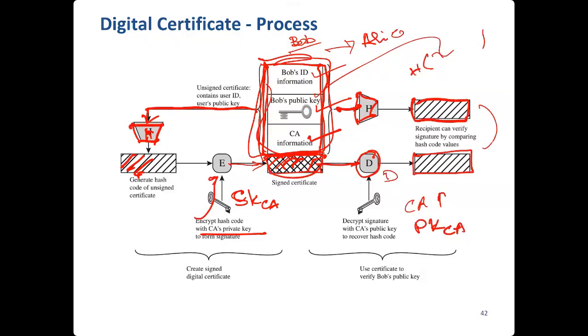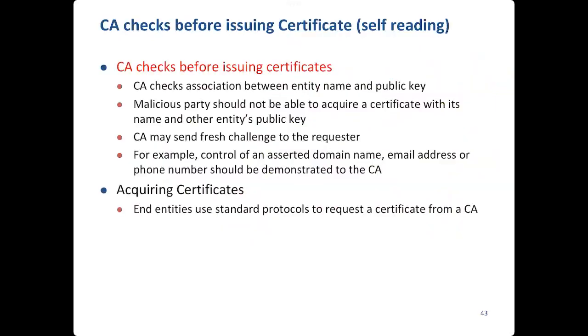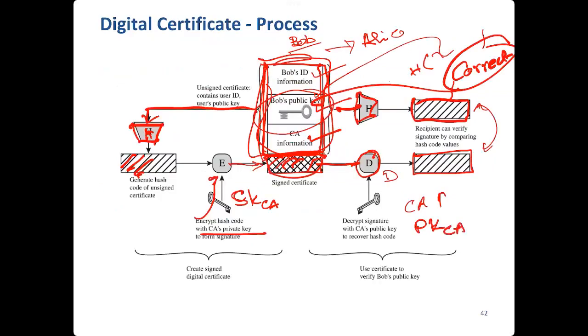If she compares both and they match, then the signature verifies. It means that the public key she has received here is correct. Okay, got it? Any question up to this point?